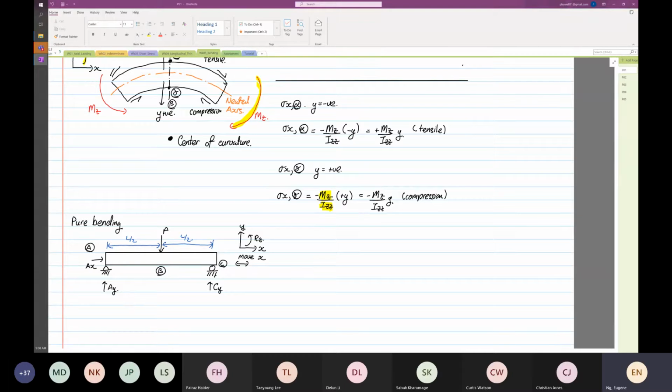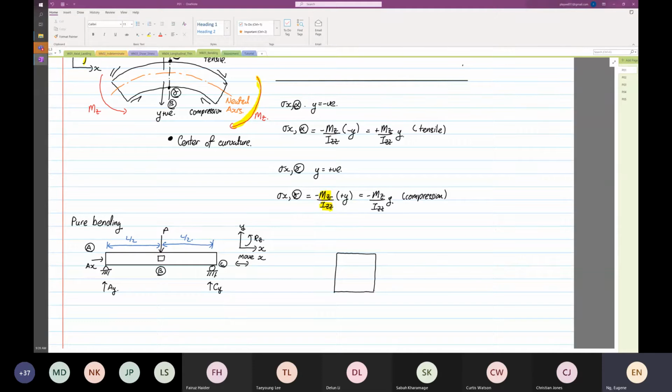So I'm going to take an element over here, and I'm going to blow up this element and draw it bigger.